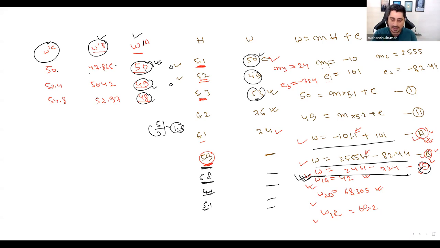Okay. So now let's try to understand this in a little bit different way. Here we are trying to find equations which have a small amount of loss. So now we have multiple values of M and of C. Can I say that we finalize the values of M and C wherever our error is minimum?